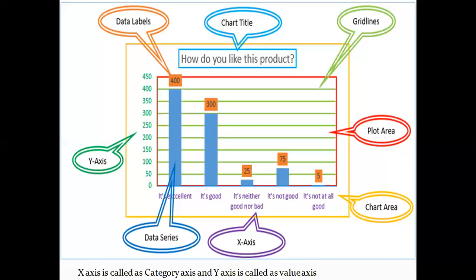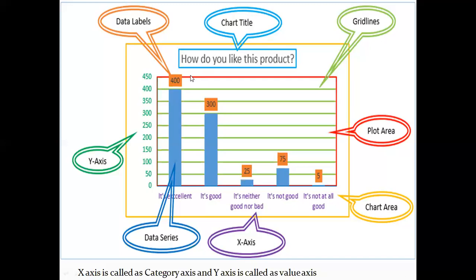Just remember that. Then we have these bars. You can see these bars of light blue color. These are called the data series. The data series is a very important part, because looking at the data series you can identify the growth or the decrease. The comparisons are done basically depending on this data series.